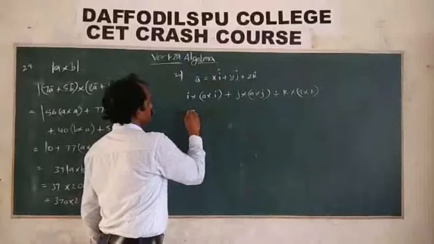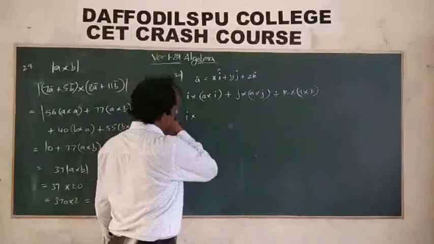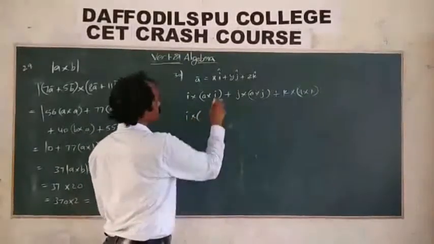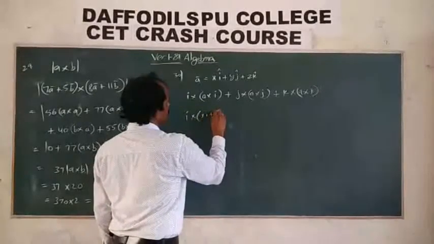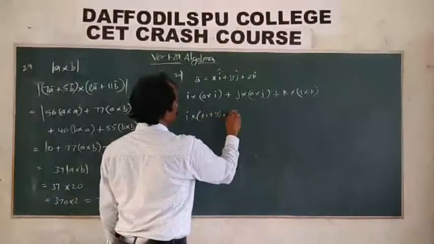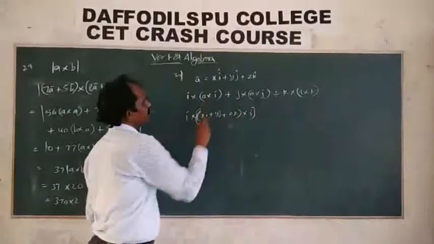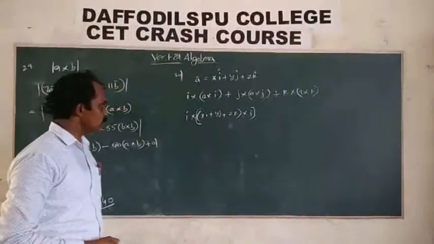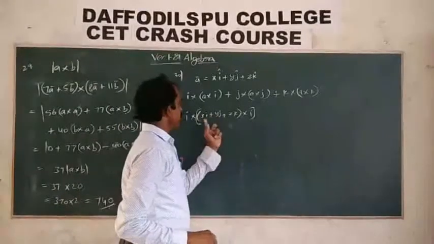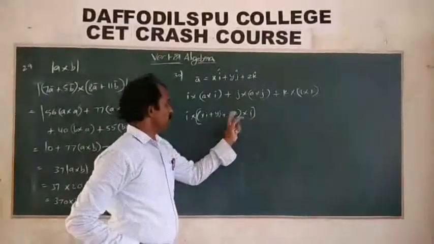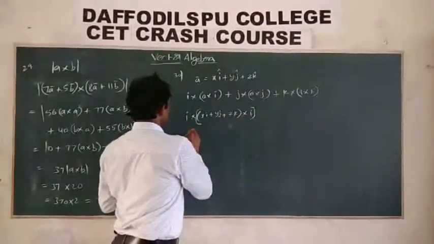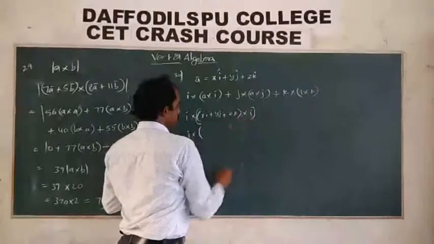First of all, I cross (xi plus yj plus zk). Or else apply the vector triple product; that is also okay, no problem. I cross I is 0.